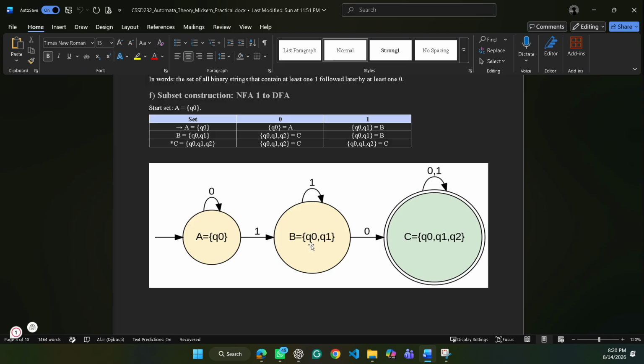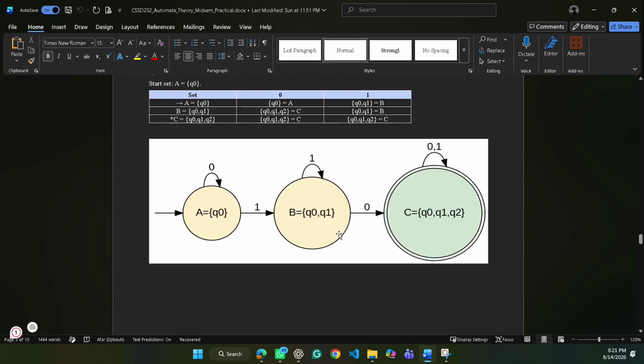So record this new DFA state as B. B equals Q0, Q1. Now, if you are in B and receive an input of 0, the possible NFA states are Q0, Q1, and Q2. So we call this C. That's why we have C equals Q0, Q1, Q2.